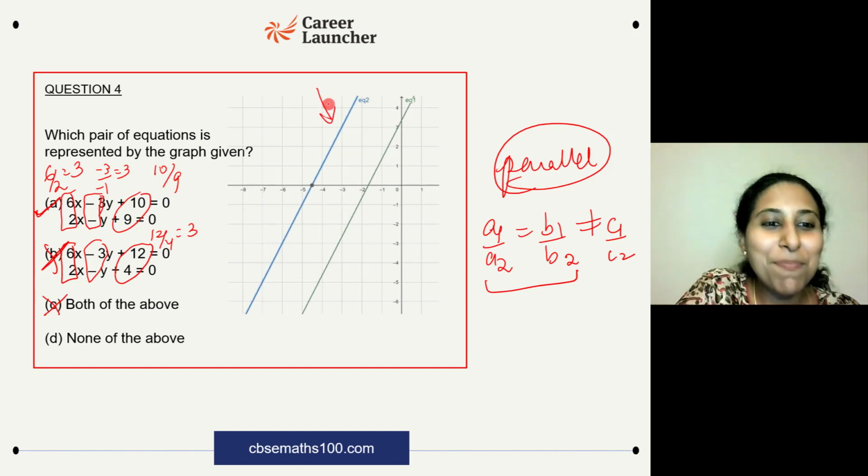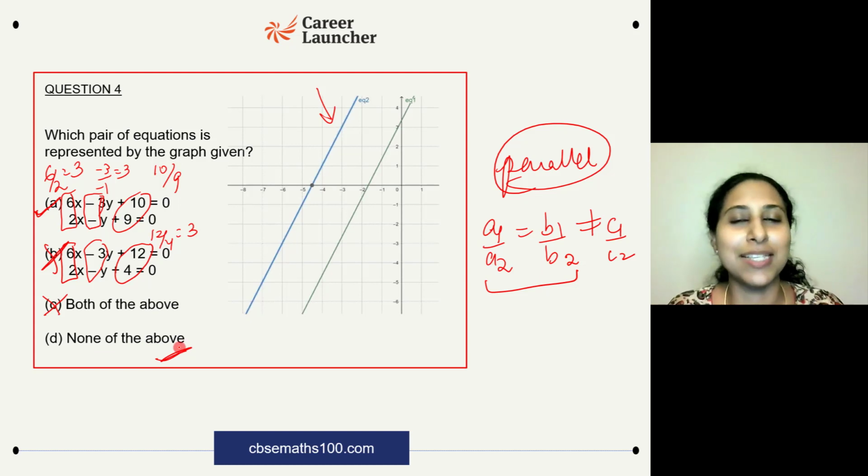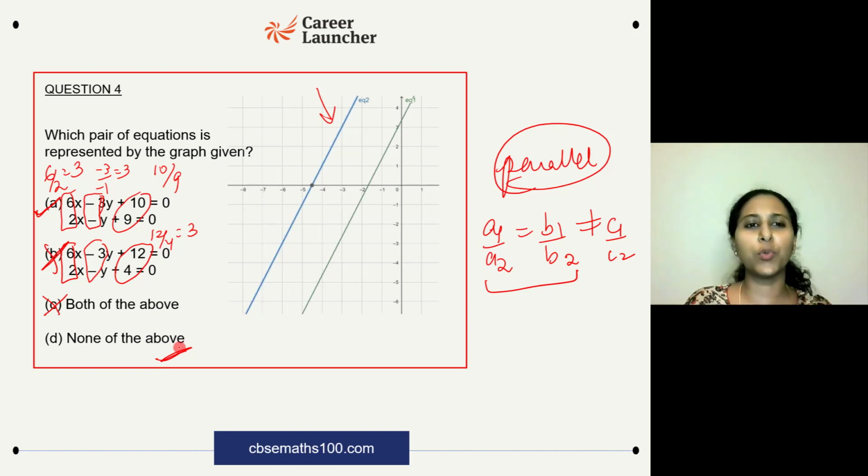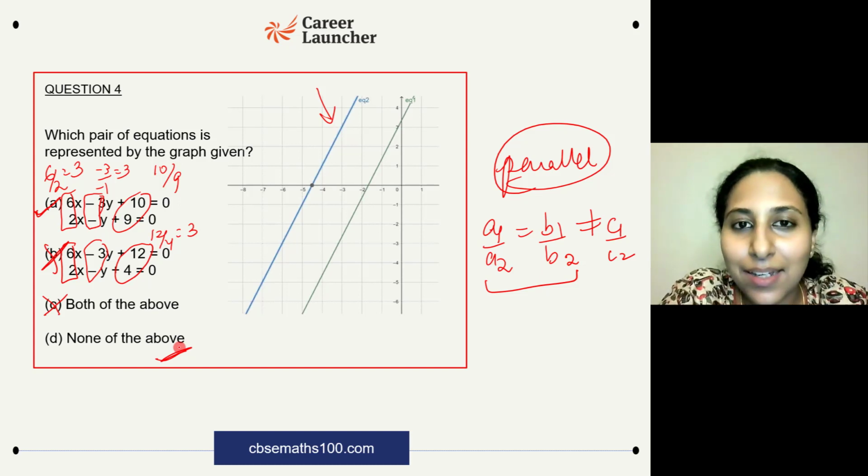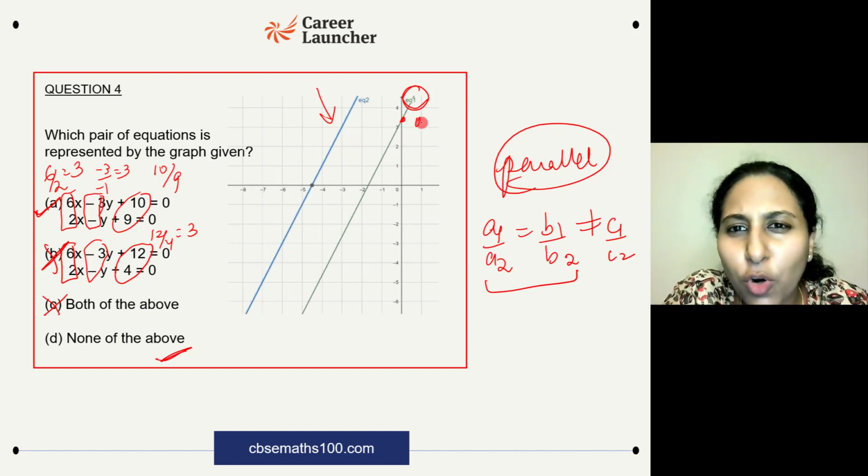We are thinking in this way because this none of the above option is there. What I want you to do in this case is look at some points at which the graph is intersecting the x and y axis. So if you look at this green line, which represents equation 1, you can see that there is a point over here, which is roughly 0, 3.5. Roughly, it's a value between 3 and 4 over here, right?